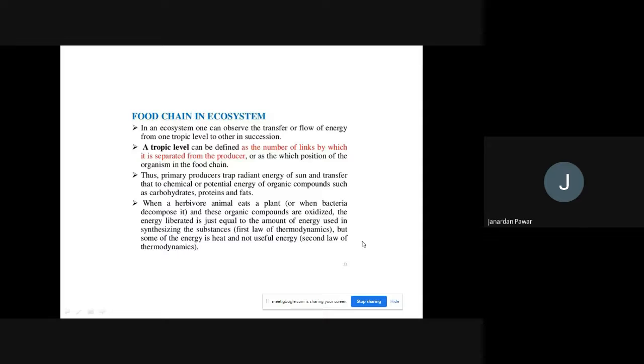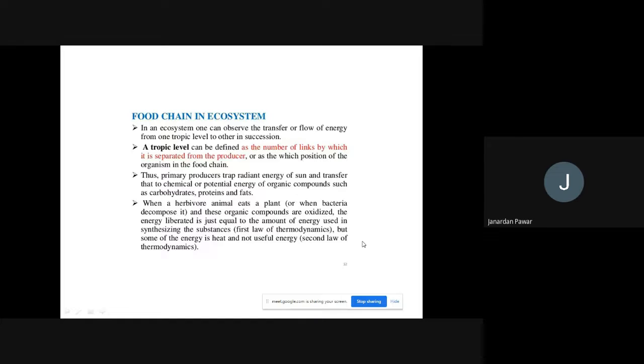So the flow of energy is from one trophic level to another trophic level. This is what you have to remember.